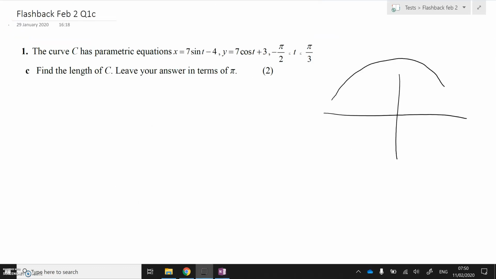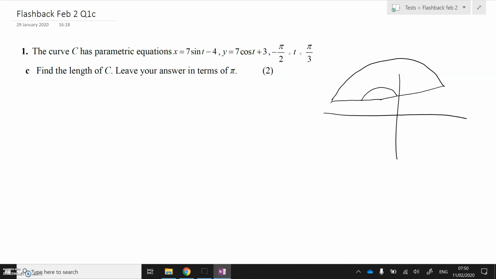So the last part of the question is asking for the length of the curve C. Now this curve C was part of a circle, so this looks like we're going to have to do some radians calculations here. We need to work out this angle in order to do that.